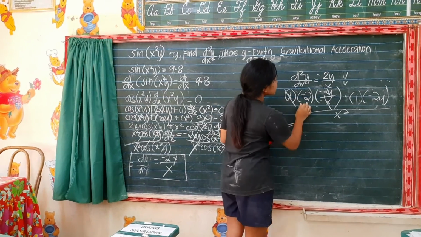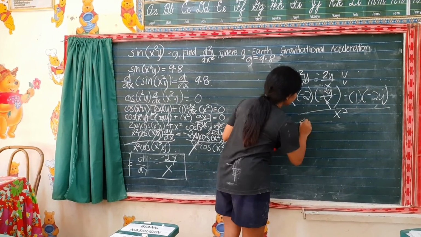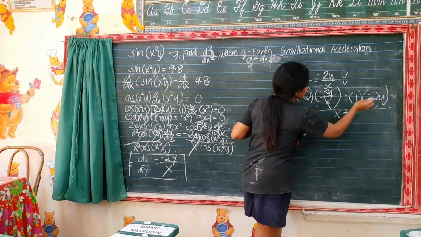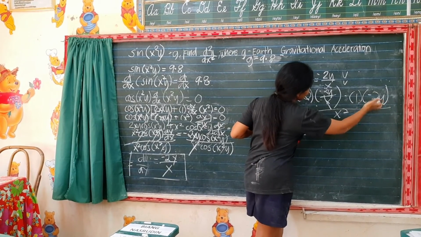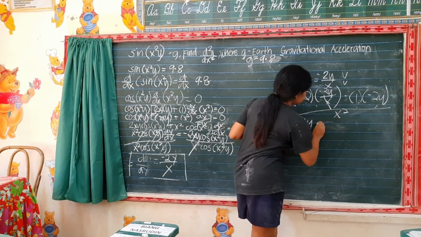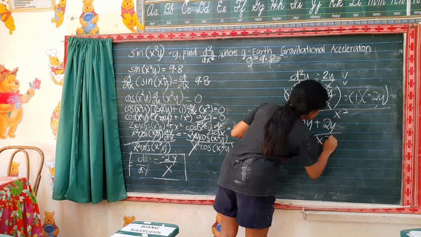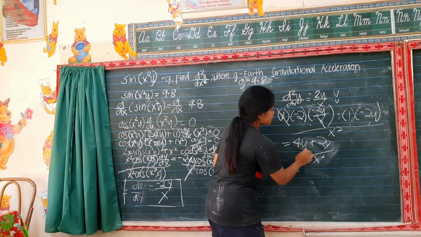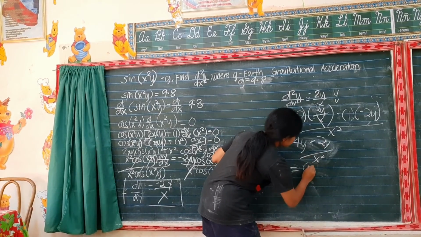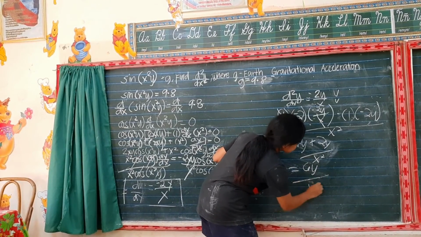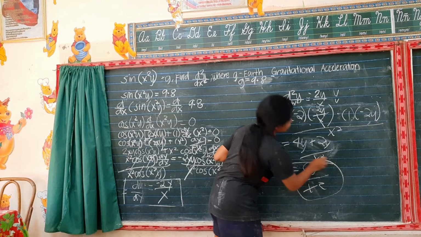Then negative 2 times negative 2y is equal to 4y. 1 times negative 2y is equal to negative 2y, times negative is equal to 2y over x squared. So 4y plus 2y is equal to 6y over x squared. So this is our final answer.